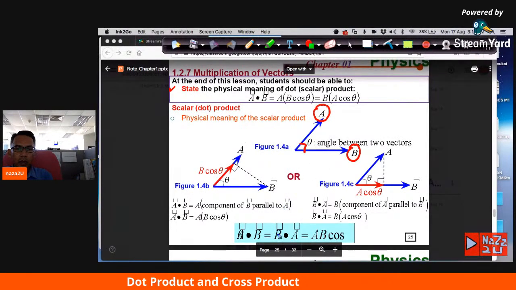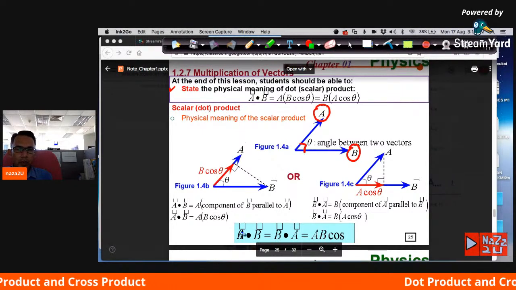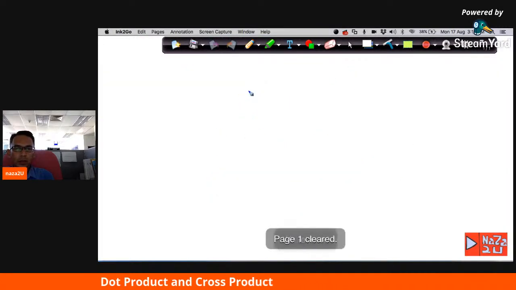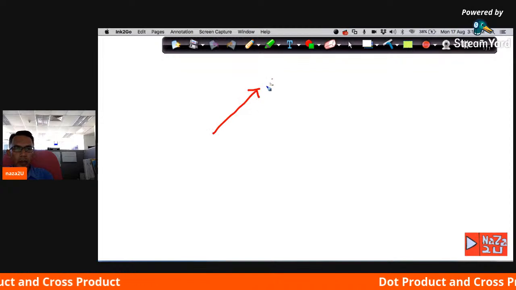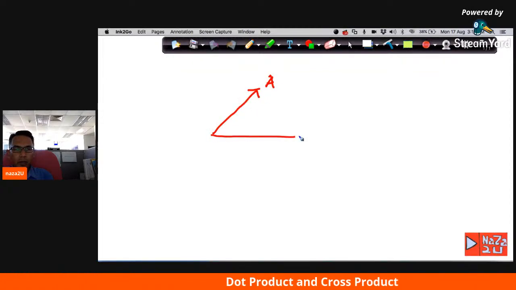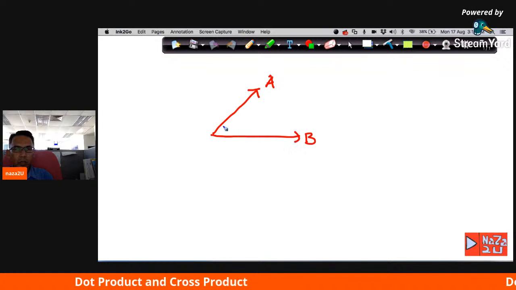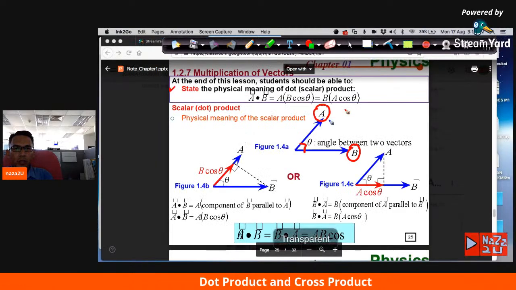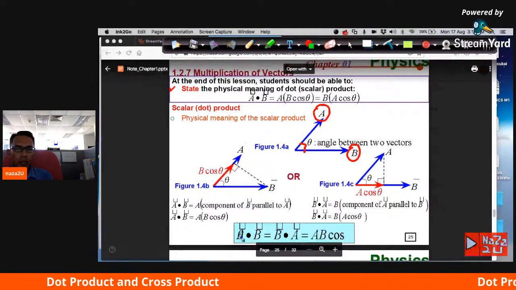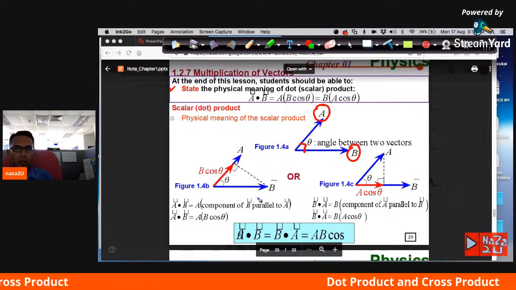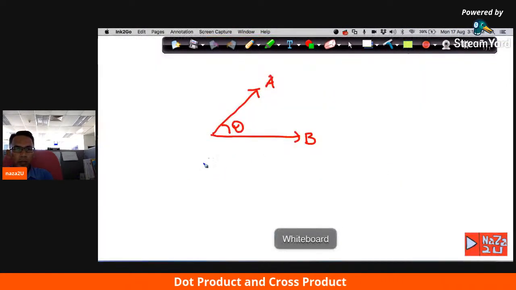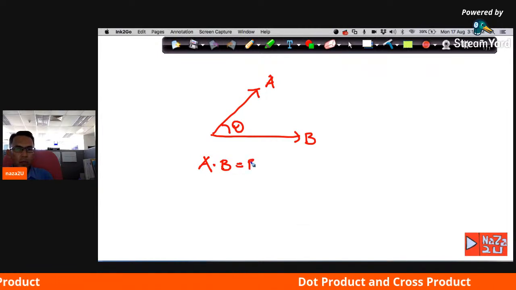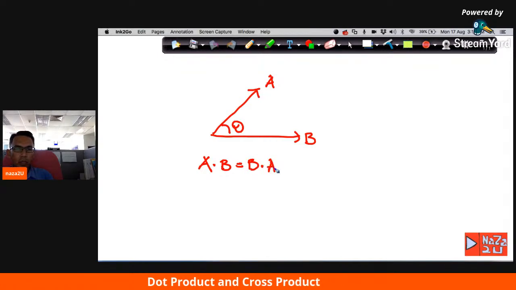So the equation here: let's say you have vector A and vector B, and this is theta. Look at the equation here. A dot B, vector A dot vector B, is equal to vector B dot vector A, right?